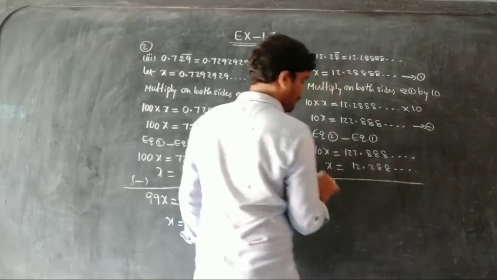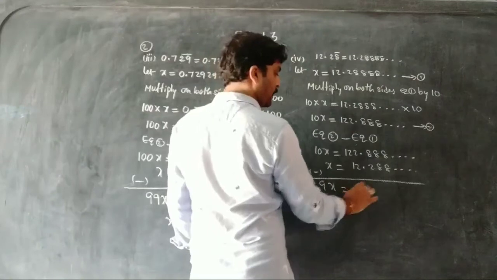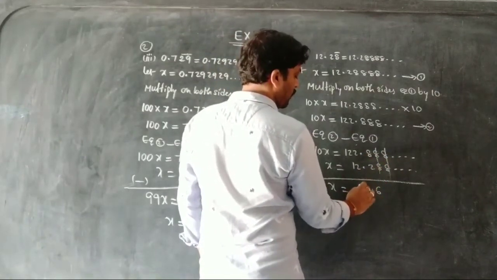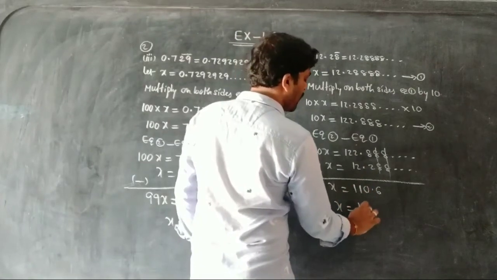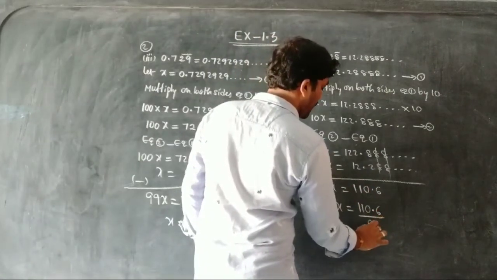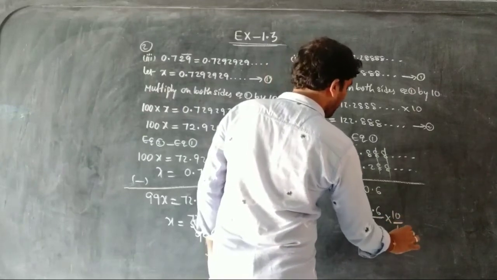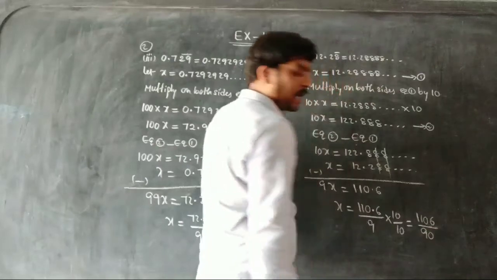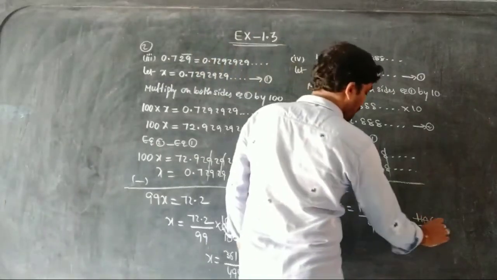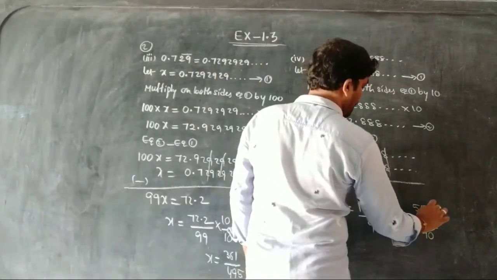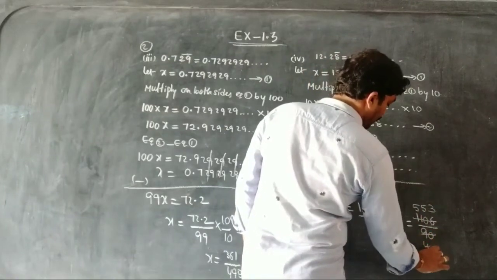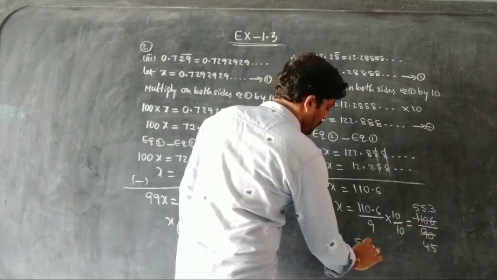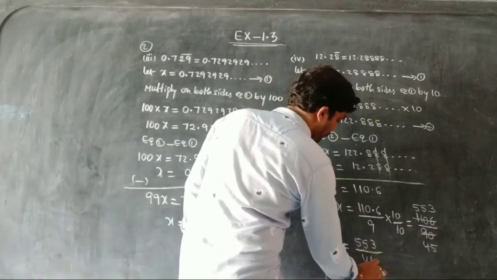Both subtract: 9x. 8 8 cancel. 8 minus 2 is 6, 2 minus 2 is 0, 1 1. x is equal to 110.6 by 9, into 10 by 10, that is 1106 by 90. Both are cancelled by the 2 table: 2 5s are 10, 2 5s are 10, 2 3s are 6, 2 4s are 8, 2 5s are 10. So x is equal to 553 by 45.